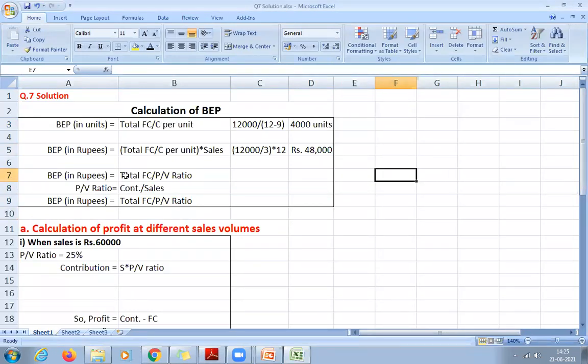Next, BEP in rupees, again using the PV ratio. First we have to calculate the PV ratio. What is the PV ratio formula? Contribution divided by sales. Contribution is 12 minus 9, which is 3. So 3 divided by sales, which is 12, into 100.